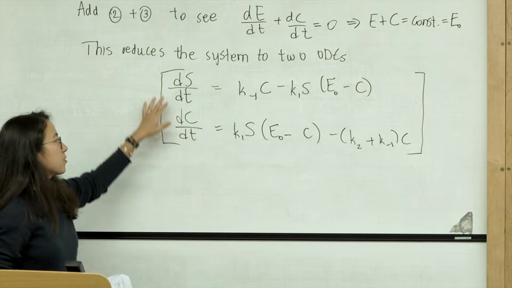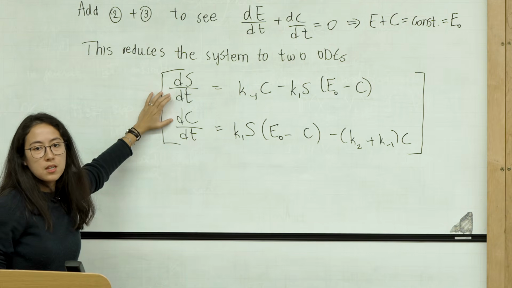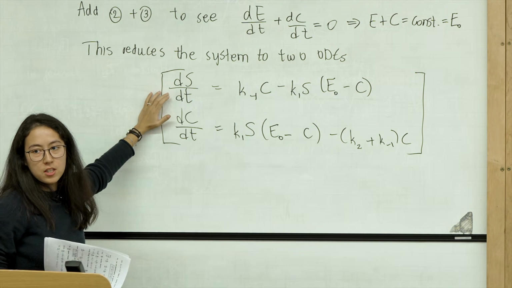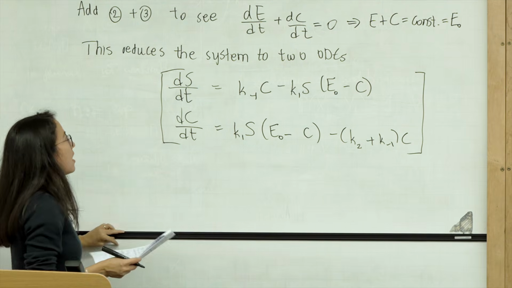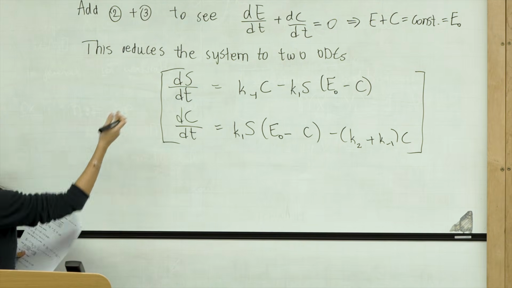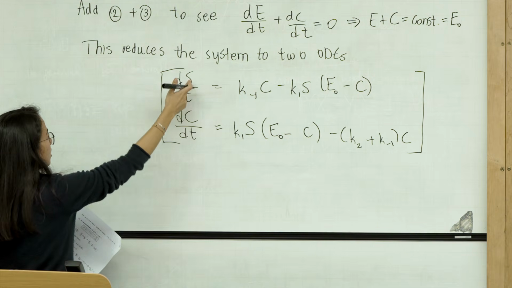So of course, when you're solving ODEs, you need some initial condition, right? So I have to tell you at time 0, this is how much substrate you have, and so on. Once you have that information, you can solve for the unknowns, which are the substrate and the complex.